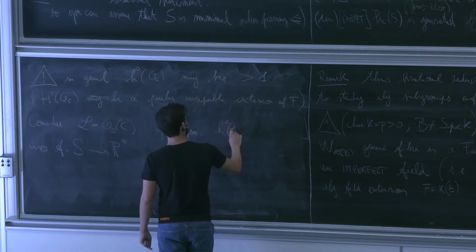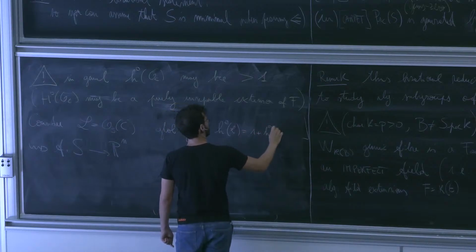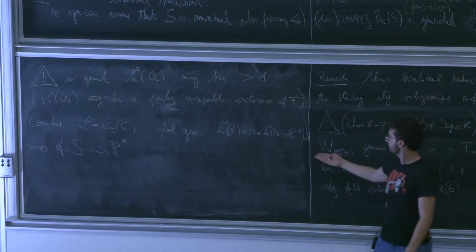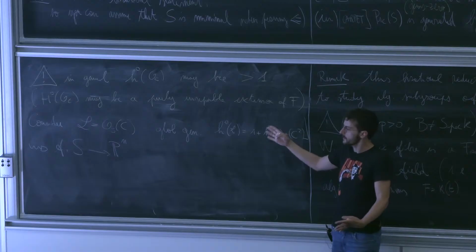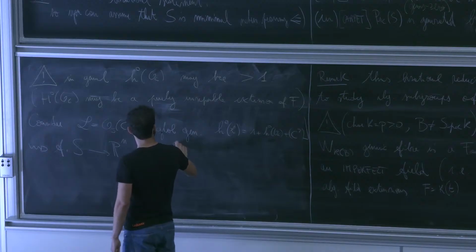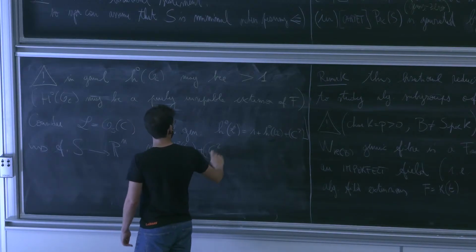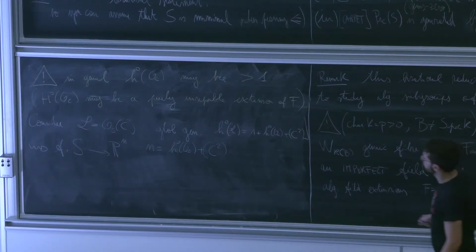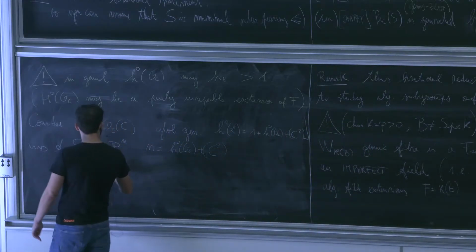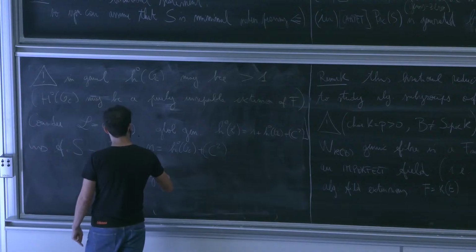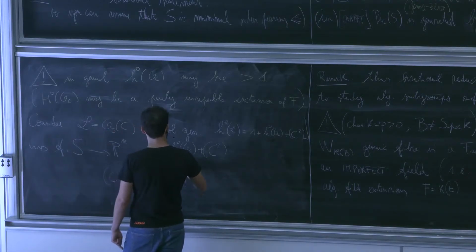H naught of L is 1 plus H naught of OC plus C square. This is a Riemann-Roch computation. So you see you have this, which is not 1. You get that this N is H naught of OC plus C square. And C square, of course, verifies: C square is the degree of F times the degree of the image, where V is the image.